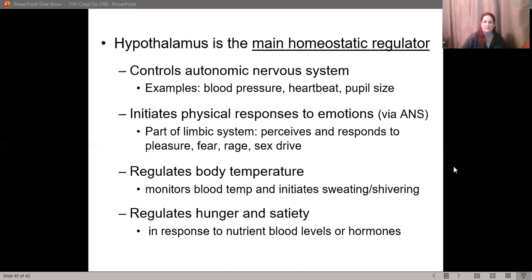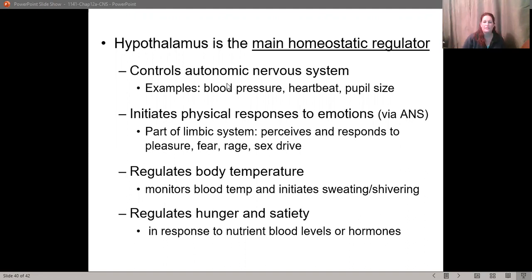It initiates physical responses to emotions. The neurons that run from the limbic system actually run through the hypothalamus. So when your limbic system is highly stimulated, something's really upsetting you, it could be good, it could be bad, those axons and those neurons are so leaky that they start to affect the sensors in the hypothalamus.